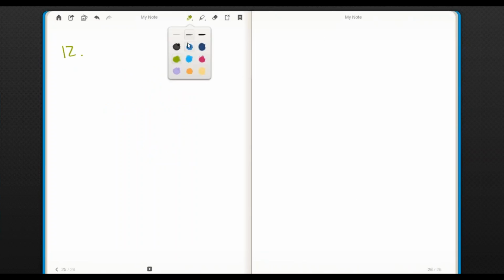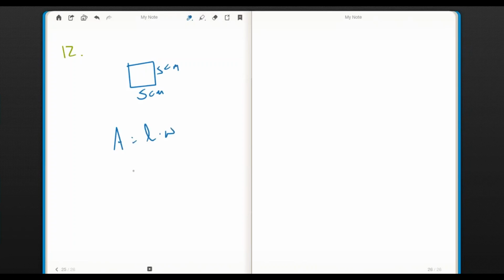Number 12. What is the area of a square of side S centimeters in terms of S? If this is a square and each side has S centimeters, the area of a square is length times width, or we call it side squared. In this case, the side is S, and so it's so easy it's hard.